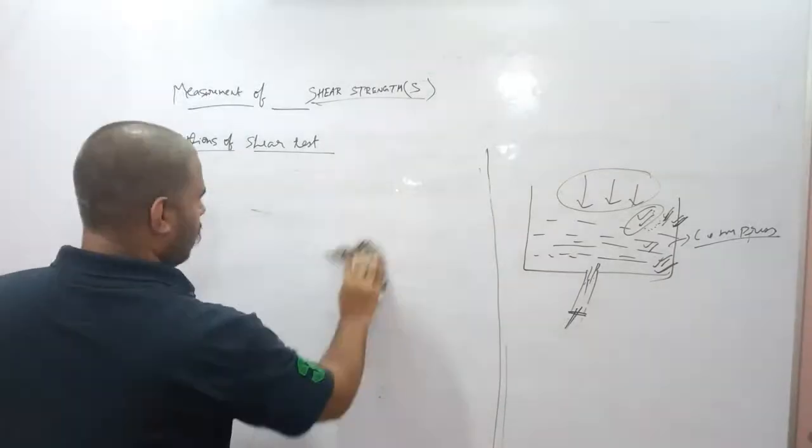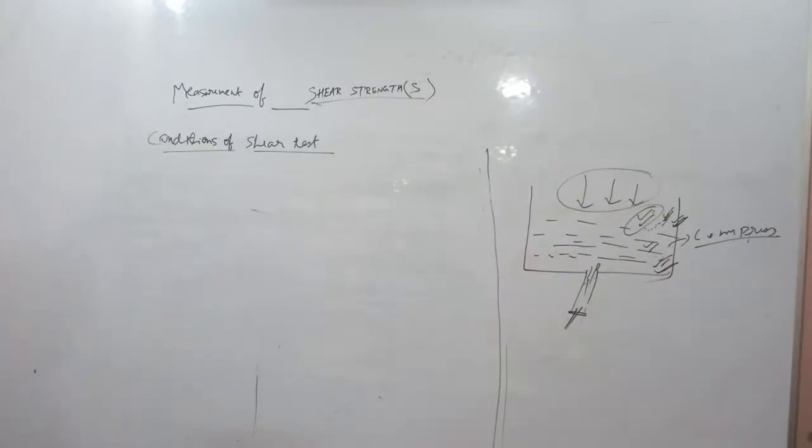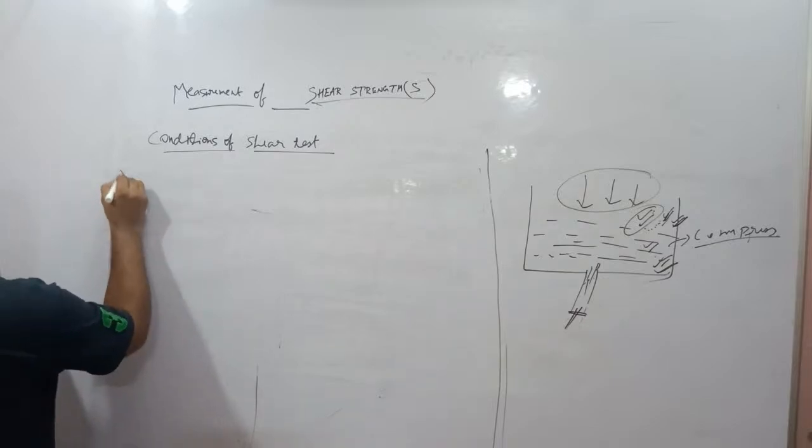So let me discuss some points. If you want notes, then I will give you some points of this test. Okay. So the first one, that is U test condition.